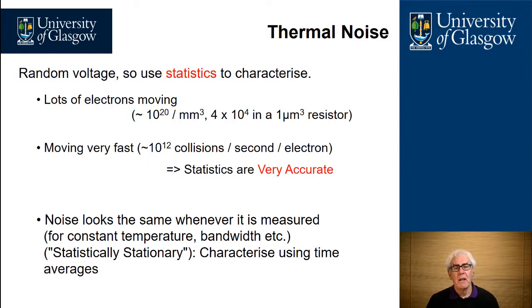Because of that, noise looks the same wherever it is measured for a given constant temperature and a constant bandwidth. It's effectively statistically stationary, and we have to use time averages to characterize the behavior of noise over the time period and frequency band that we're interested in.